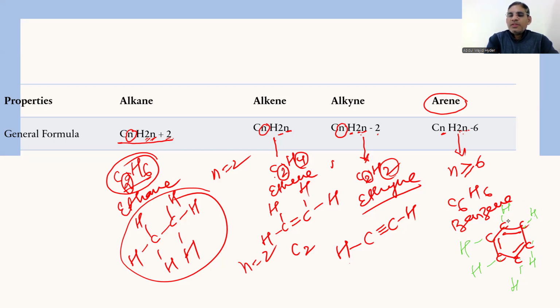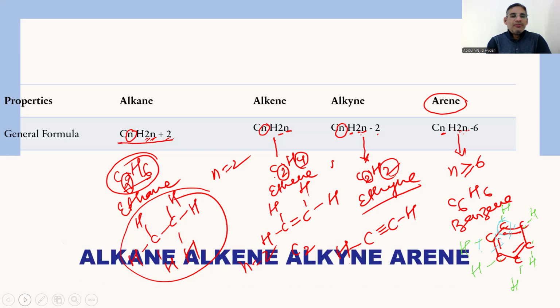So I'll start with this carbon. 1, 2, 3, 4. 1, 2, 3, 4. All carbon atoms will have valency 4. And as you know, the valency of hydrogen is 1. So in this way, you can write the general formula of these different hydrocarbons.